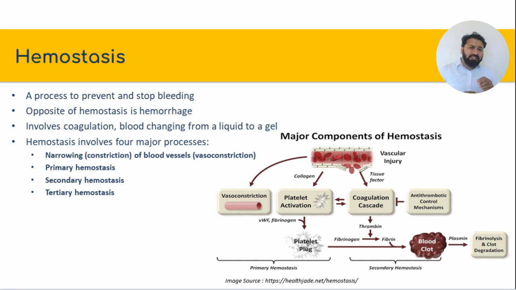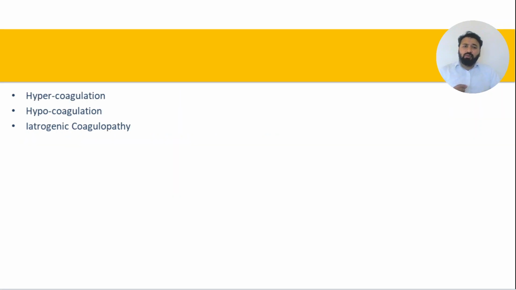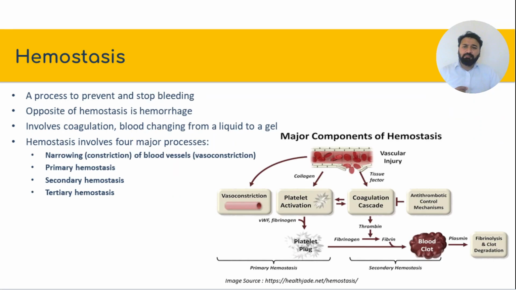The first stage in this process is wound healing, which involves coagulation, blood changing from a liquid to a gel form. Now you can see this is the major component of hemostasis.